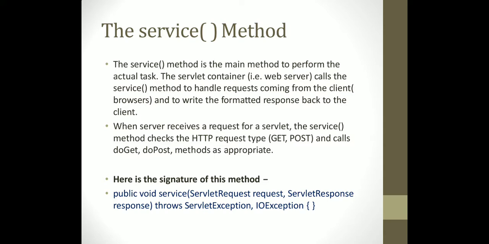When a server receives a request for a servlet, the service method checks the HTTP request type, that is whether it is get or post, and calls the doGet, doPost methods as appropriate. That can be used like public void service, ServletRequest request, ServletResponse response, throws ServletException or IOException. So that is the signature of the service method.